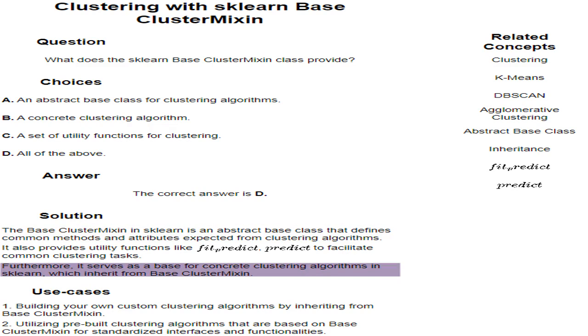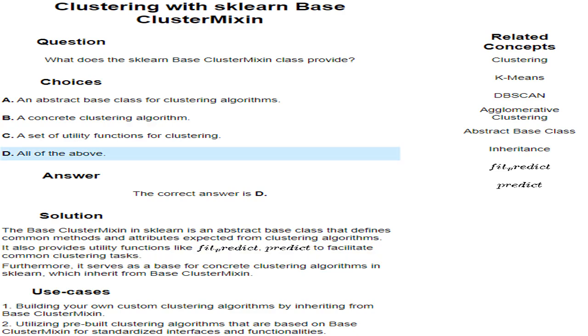Furthermore, it serves as a base for concrete clustering algorithms in sklearn, which inherit from base cluster mixin. True. It also provides utility functions like fit predict to facilitate common clustering tasks. True. The correct answer is D.